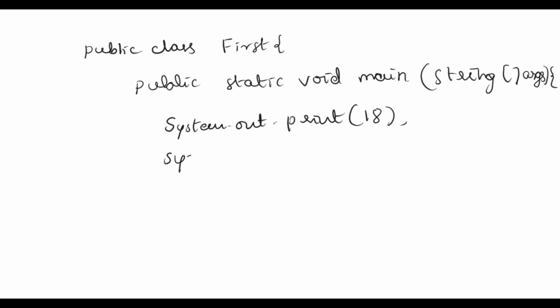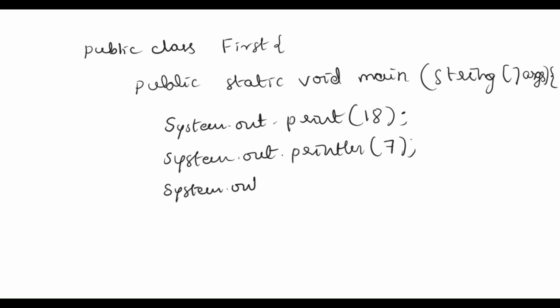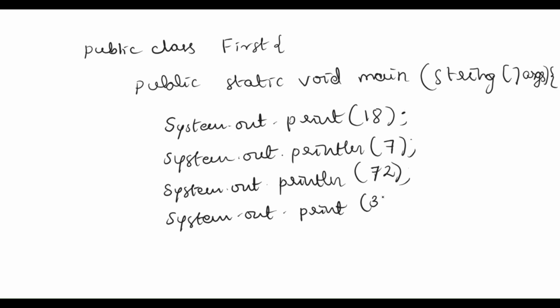Then System.out.println 7, terminating the sentence using a semicolon. Then System.out.println 72, and System.out.print 37. I'm writing four printing statements.